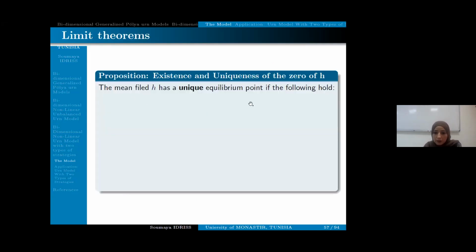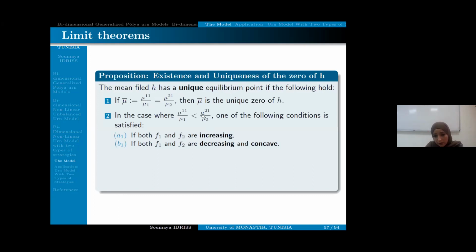In this case, the mean field H has a unique equilibrium point if the following hold. In the first case, if these two quantities are equal. In the second case, if we are in the first bound, then one of the two statements is satisfied: if both functions are increasing, or both functions are decreasing and concave.